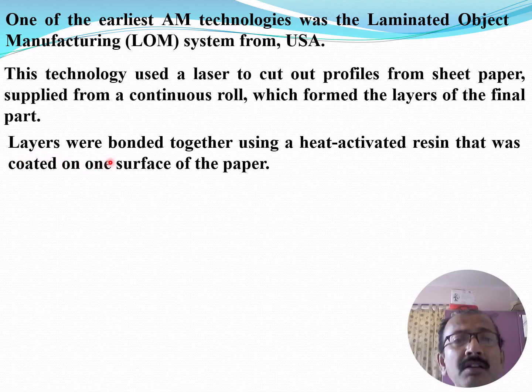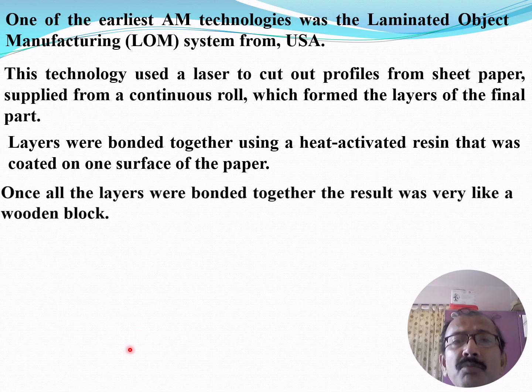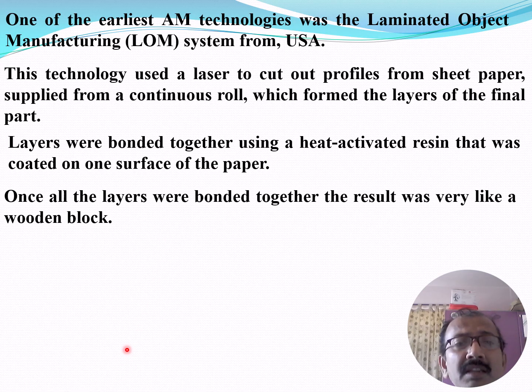The layers were bonded together using a heat activated resin. That means a heat activated resin is used to bond the sheet material, and it was coated on one surface of the paper. So that bonding material is coated on one side.